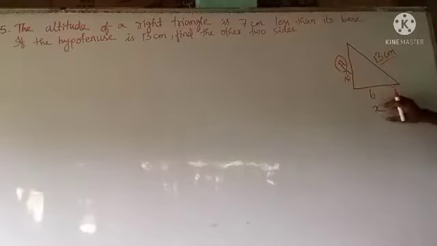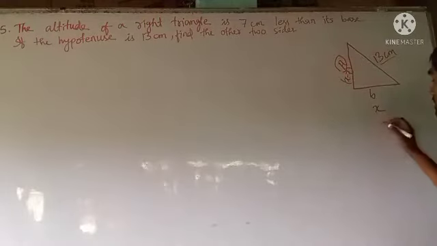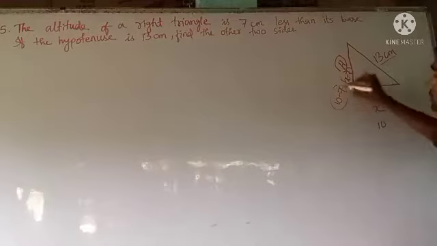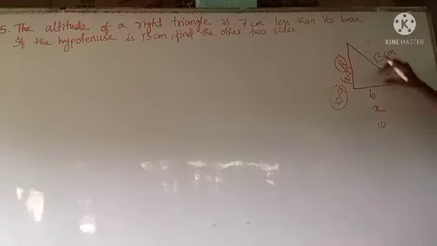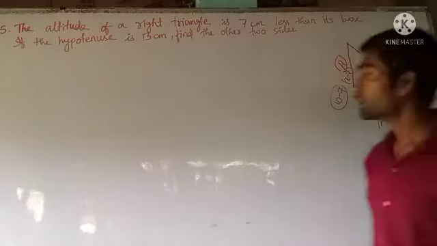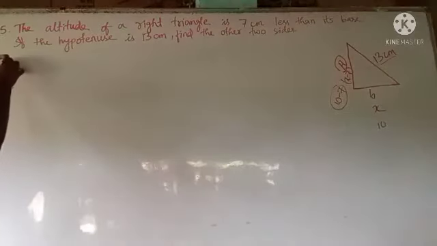If the base is 10 cm, then its altitude will be 10 minus 7, in this way. So we take base as x, then for altitude we get x minus 7.